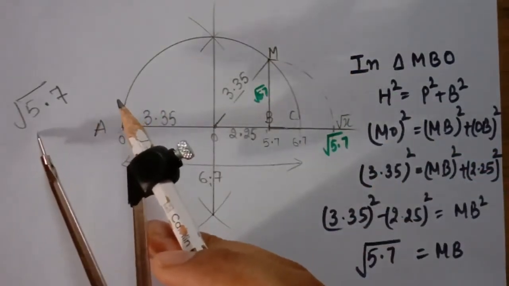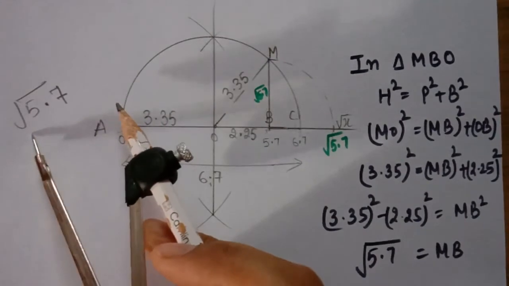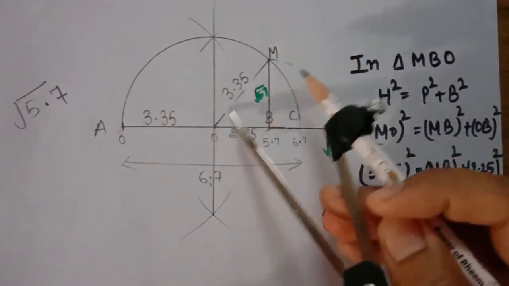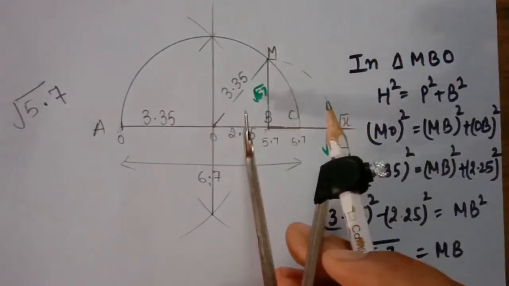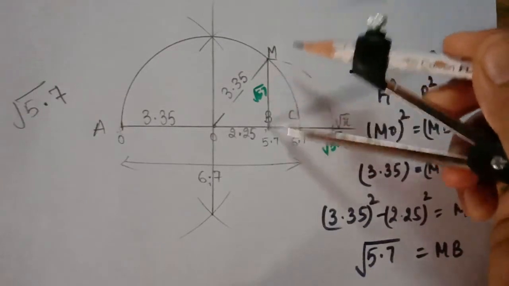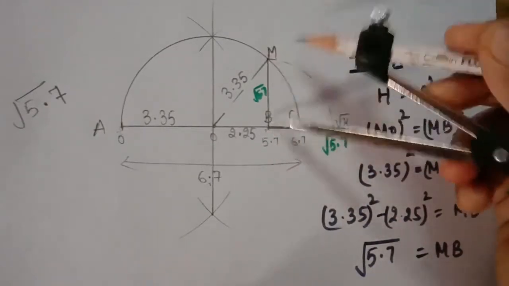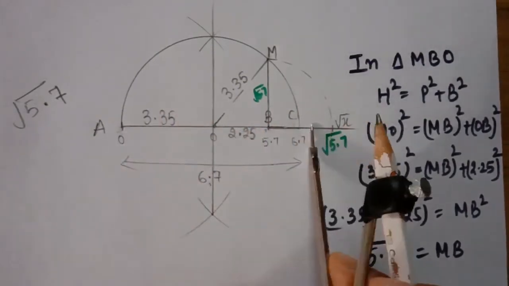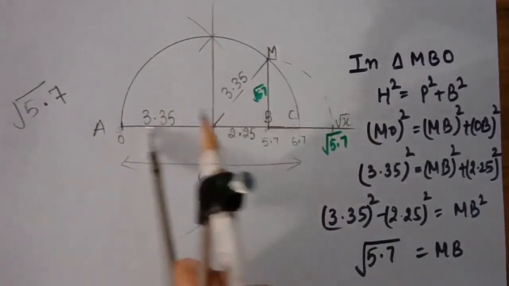Now I will prove how it becomes root 5.7. We will join the center with this point M. Now in this triangle we want to find this height MB. So this is the complete 6.7, and half of 6.7 is 3.35.